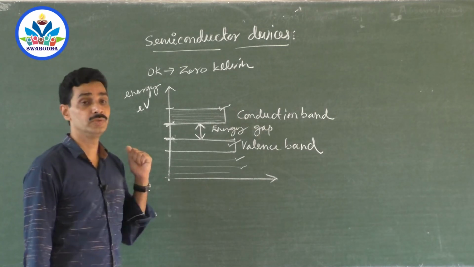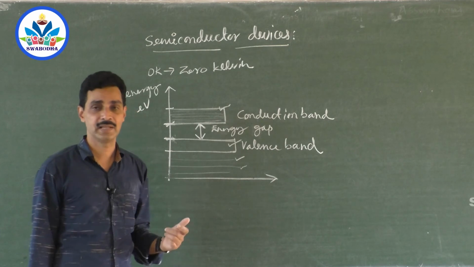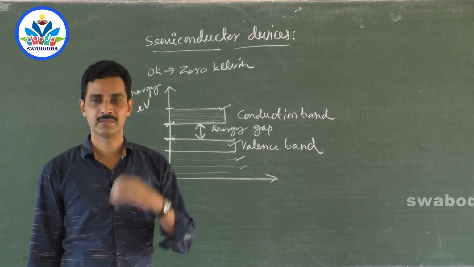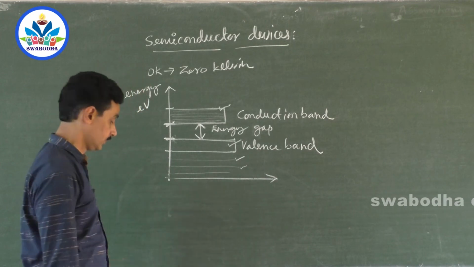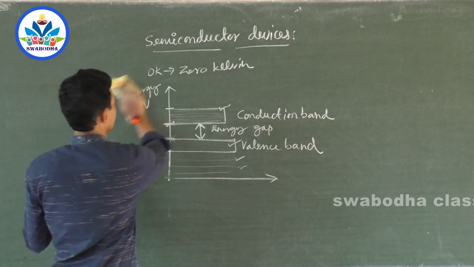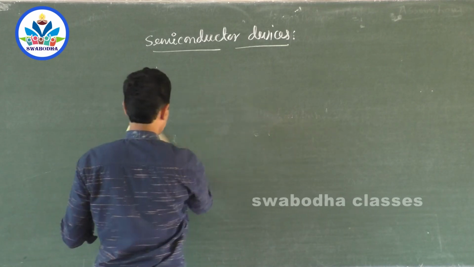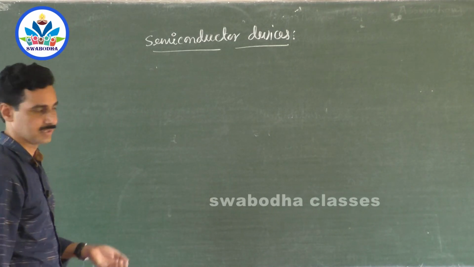Now how do you differentiate conductors, semiconductors and insulators on the basis of band theory? This may be a good idea for you. If you know this clearly, then you can proceed.